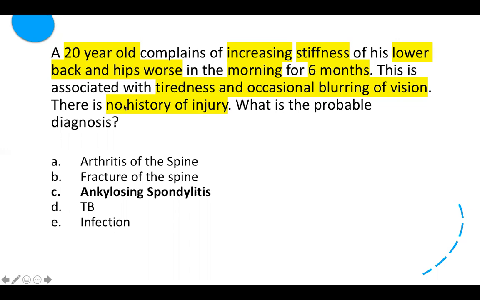Infection, there's no indication of them being unwell in terms of having an infection or fevers. TB, it's always good to keep in mind, but there's no indication here of any endemic region where TB could be prominent, and it's quite long going, and the history is more in keeping with AS.